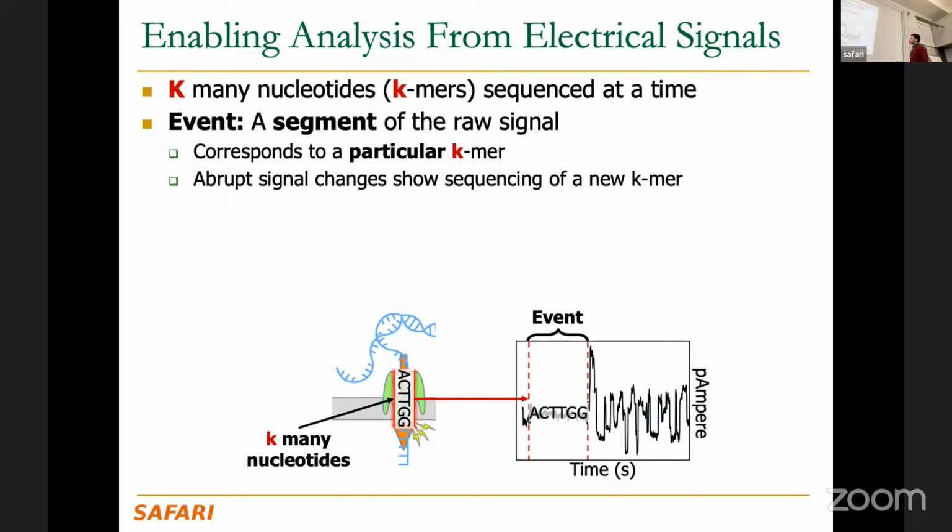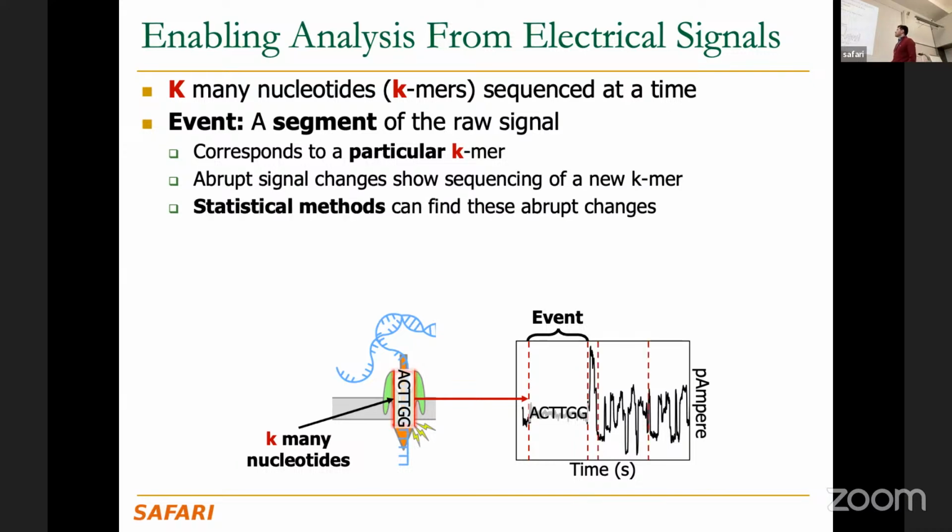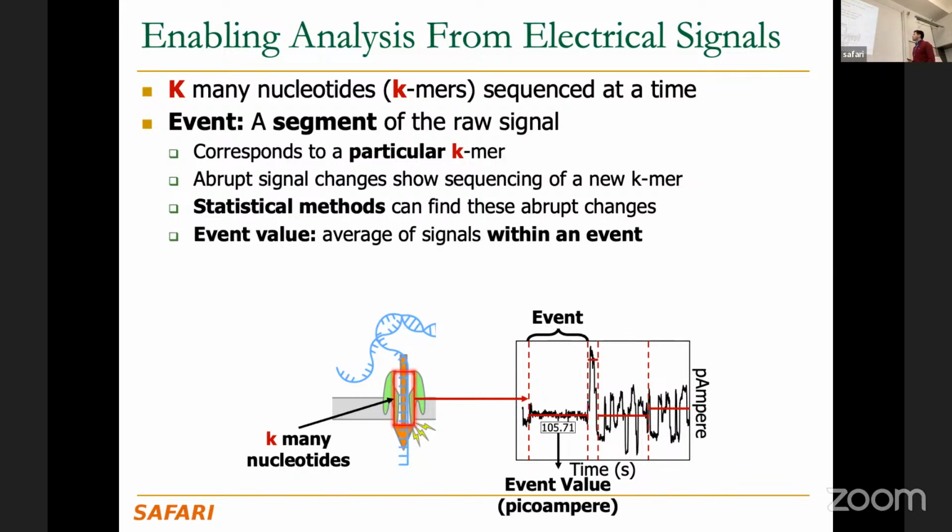Usually, since DNA is moving through the pore and these bases are shifting as it moves, there are abrupt changes in the signal, which indicate that a new base is coming into the pore and a base is coming out of the pore, so that we can identify the next K-mer in the signal. Statistical methods are usually used to find these abrupt changes so that we can identify all possible K-mers in the signal.